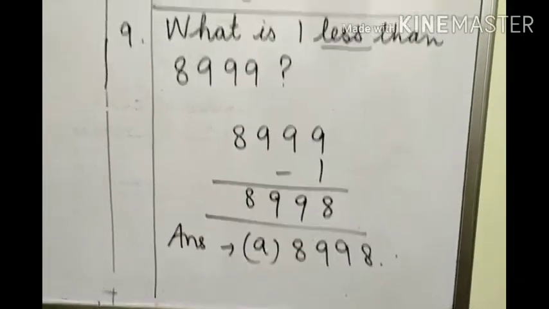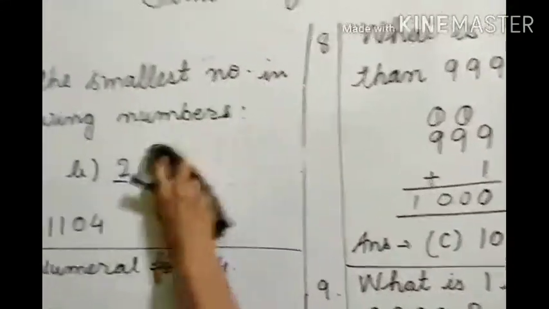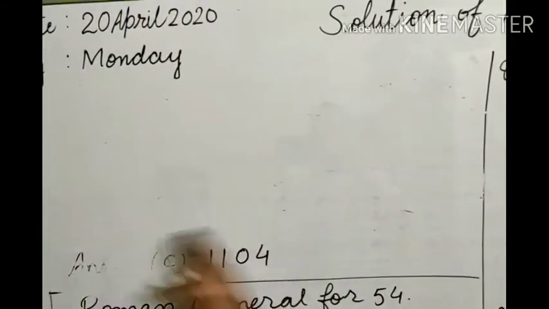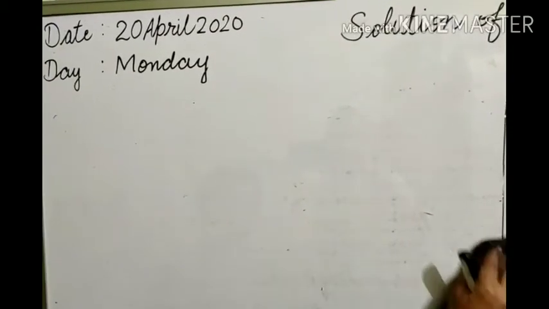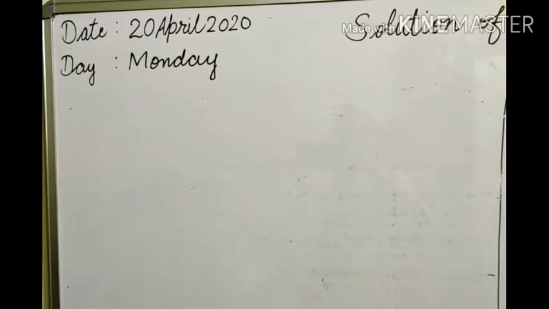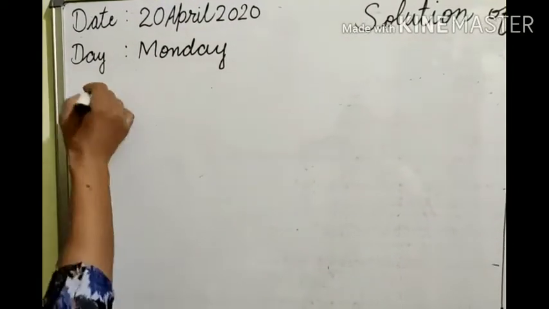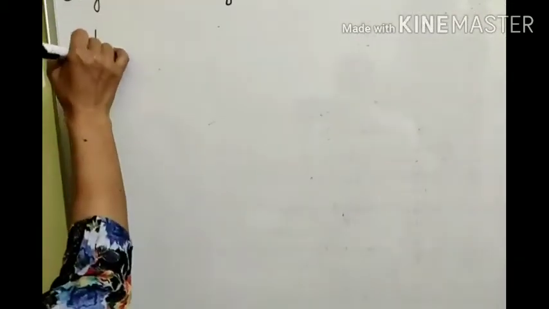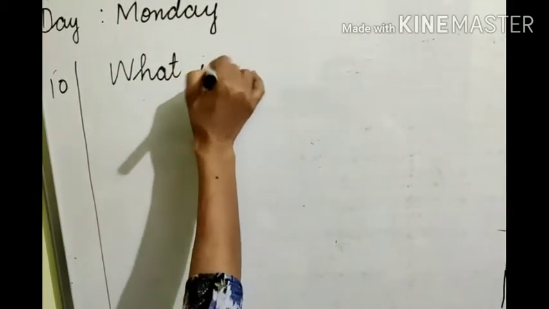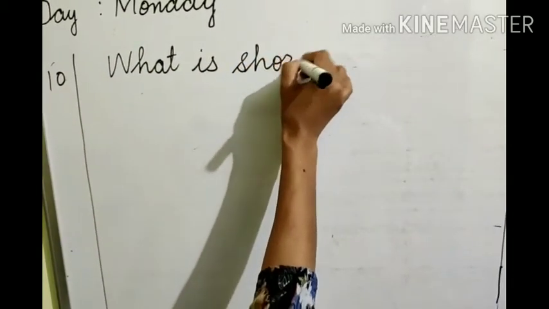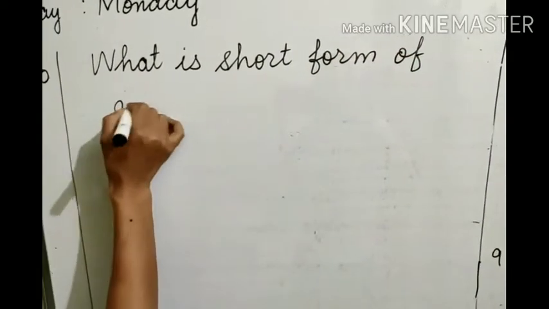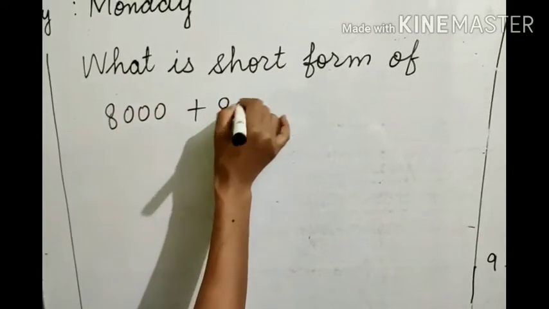Now question number 10. What is the short form of 8000 plus 80?